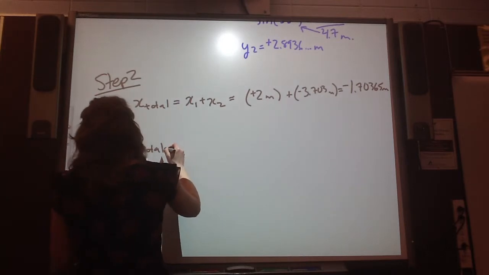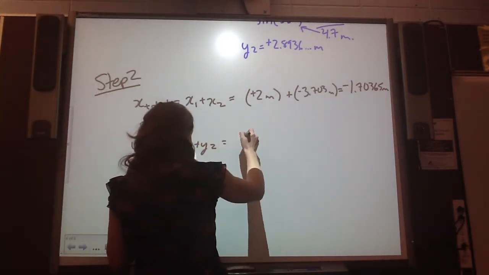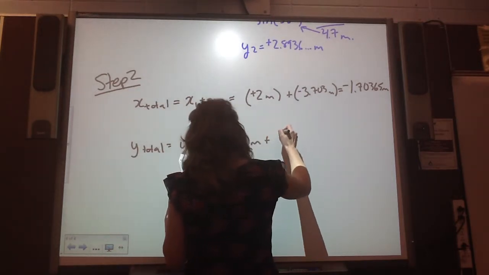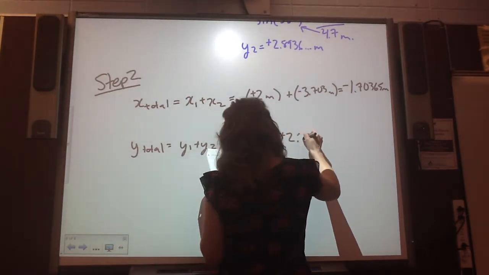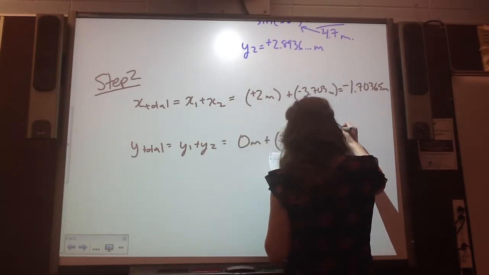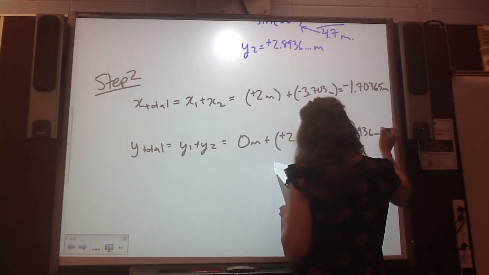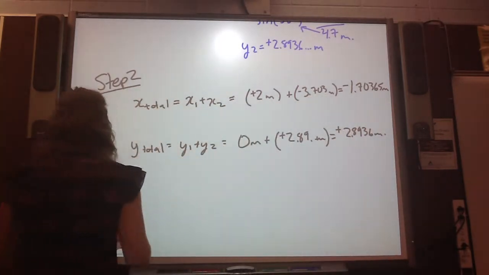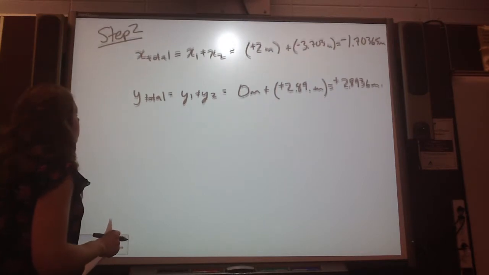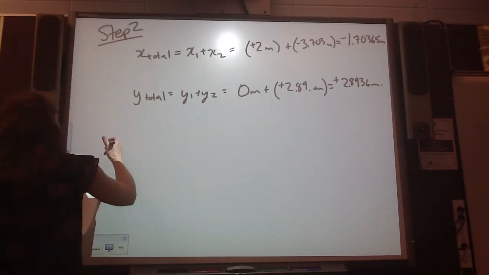And then our y is y1 plus y2, which is 0 meters plus a positive 2.89, etc. meters. So obviously it's going to be positive 2.8936 meters. Okay, so that's step 2, looking at our x total and y total.